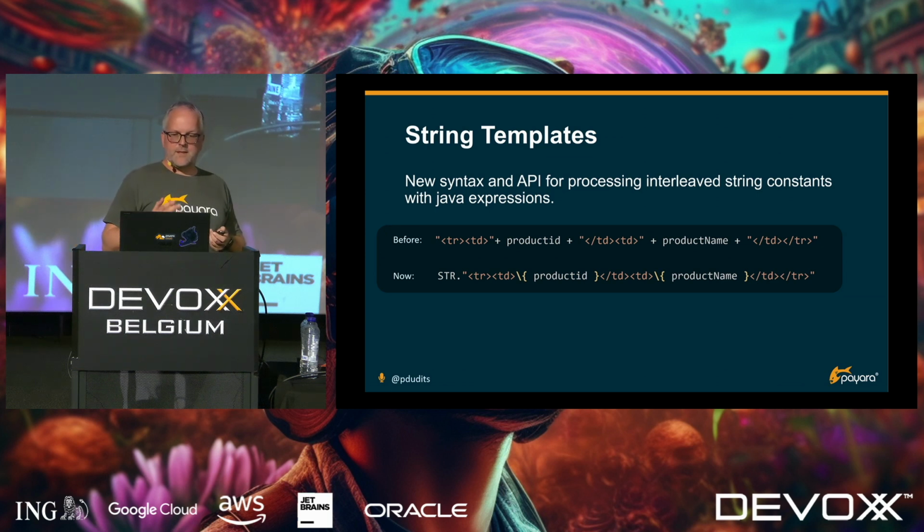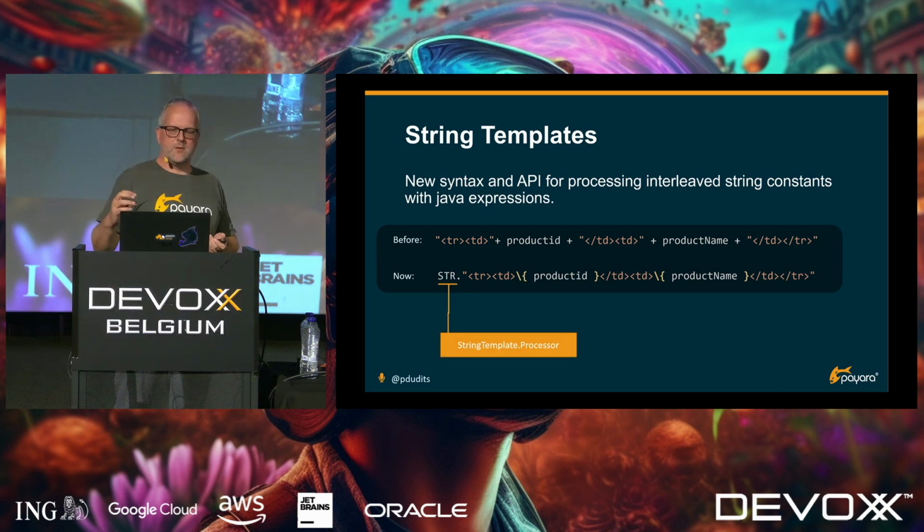The new syntax at first sight is a bit strange because we haven't seen anything like that before. So we've got STR, which is actually an instance of a string template processor. And this STR now gets implicitly imported into every Java compilation unit, so we don't need to explicitly import it.